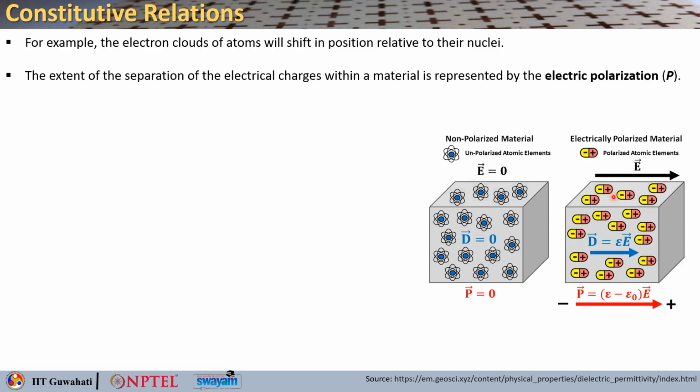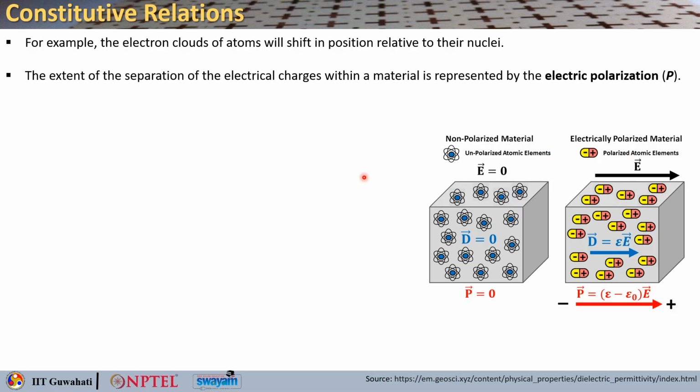So, in that case there will be a scarcity of negative charges, and the positive charges are left behind. You can think of those as positive ions, and then you have the electron cloud shifted, which are the negative charges. These are basically the bound charges that lead to polarized atomic elements.